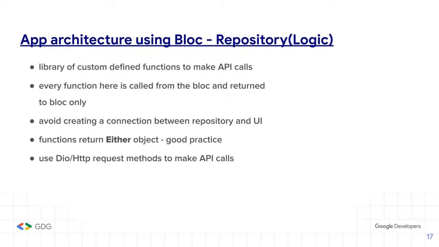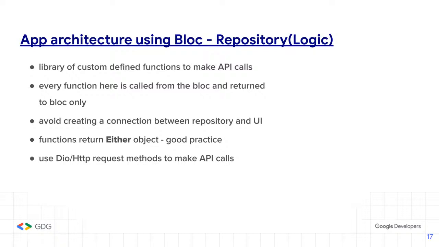So the repository here is a library of custom defined functions that make calls to APIs, and each function is going to have a different API call. Every function here will be called from the bloc, and its result is also returned to the bloc. So there is no direct contact between the UI and the repository. That can actually minimize errors.